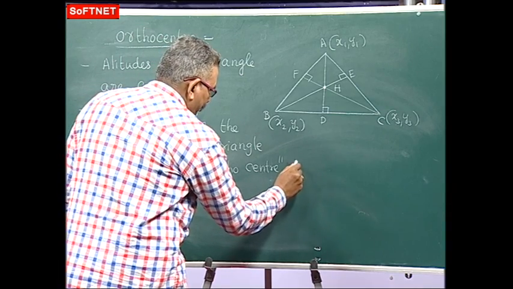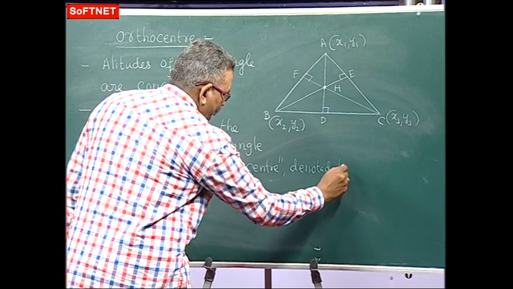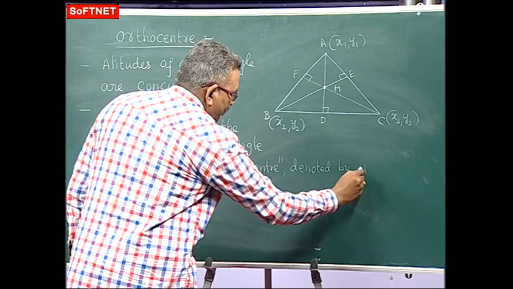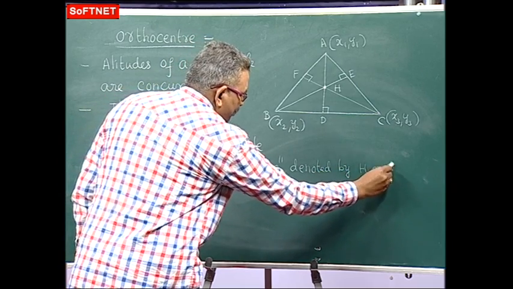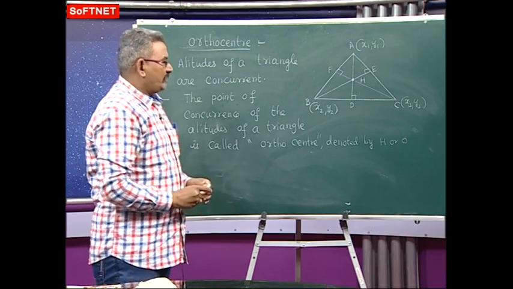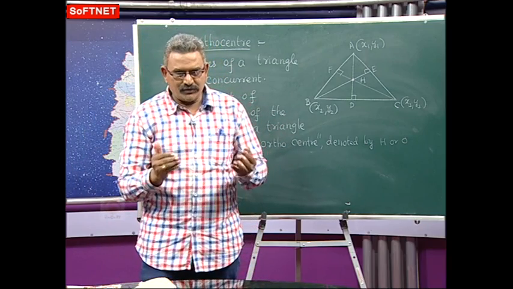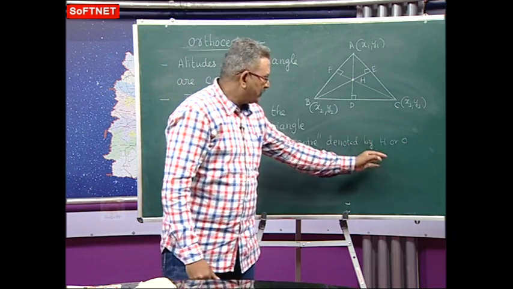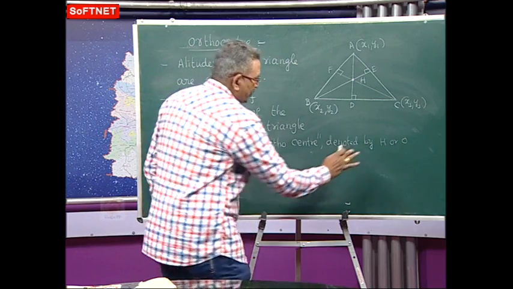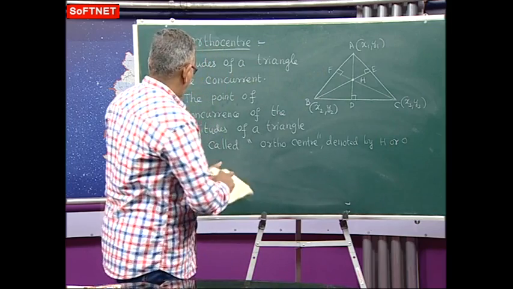Denoted by H, or in some textbooks it may be O also, H or O. So now centroid is denoted by G, whereas orthocenter is denoted by H or O. Okay.